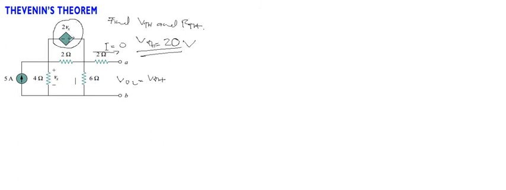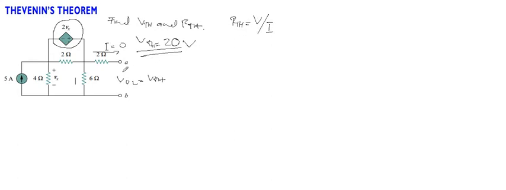But then, dapat may source ka para mag-function siya. For that reason guys, maglalagay tayo ng source sa bandang kinukuhanan natin ng RTH. So, by meaning, ang gagawin natin is to have RTH is simply equal to V over I.